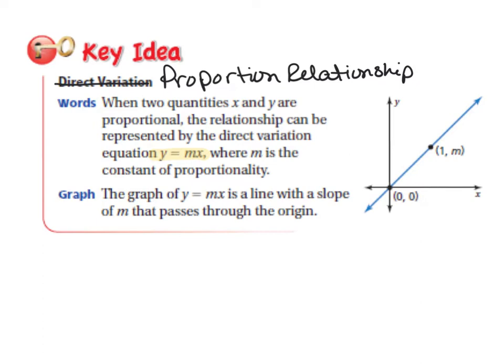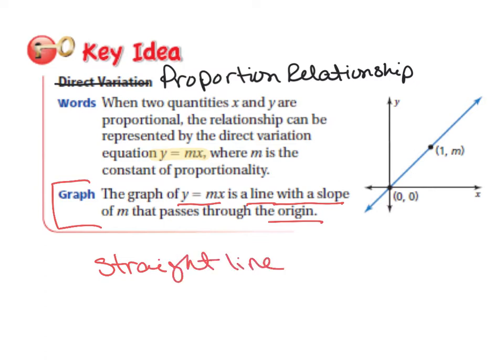Going to the graph, this is the one we're probably going to use the most. The graph of y equals mx is a line with a slope of m, so a linear line, a straight line, that passes through the origin. So this is what we're going to look for: a straight line that passes through the origin, so 0, 0.